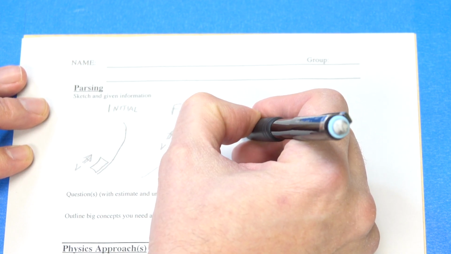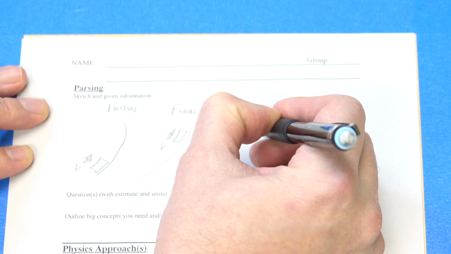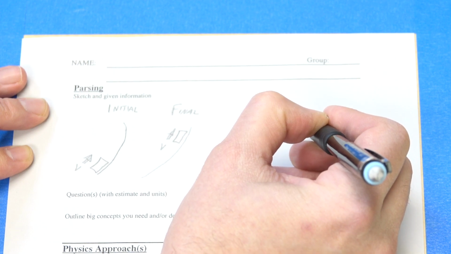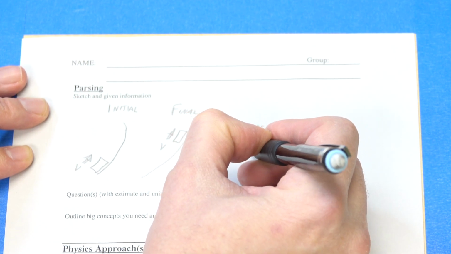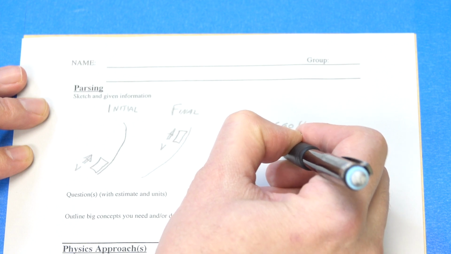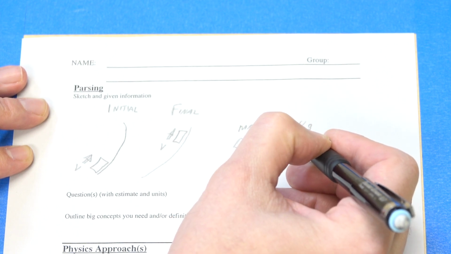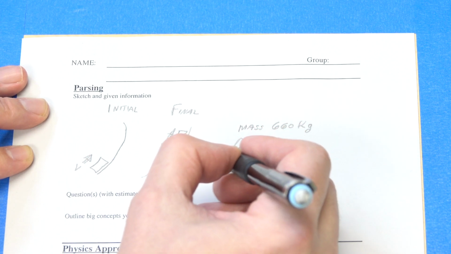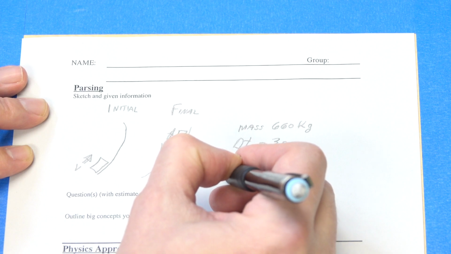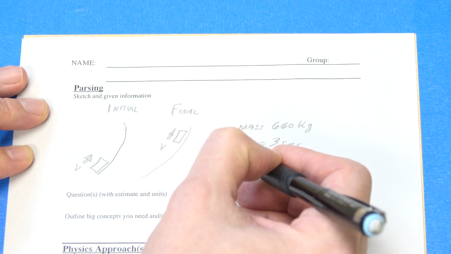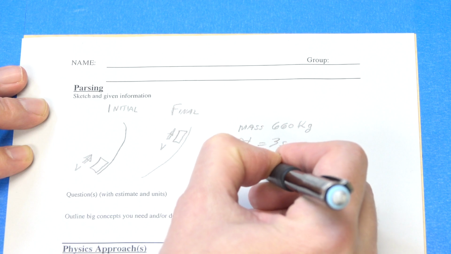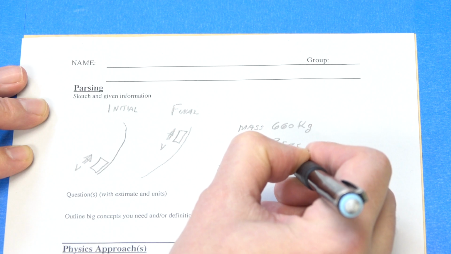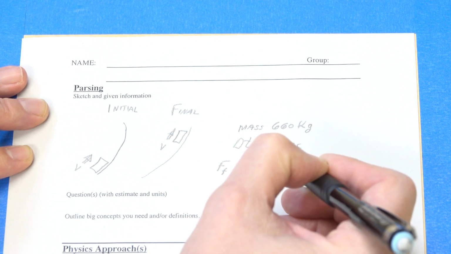We should record that the mass of the car is 660 kilograms. Delta t was 3 seconds. And the force of friction, really in this case, is coming in as 390 t newtons per second.